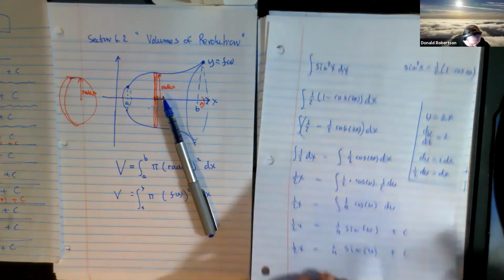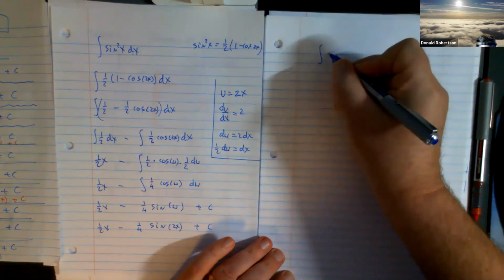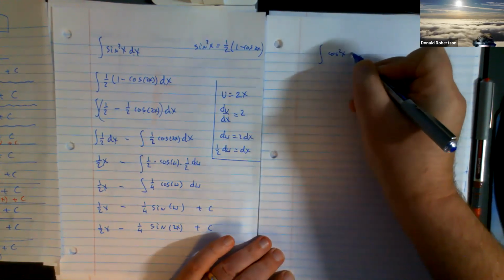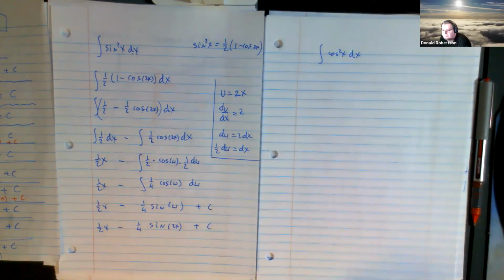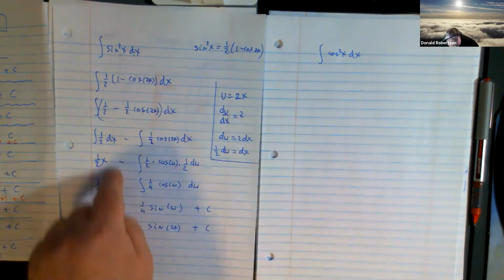So I'm going to give you a puzzle here. If sometimes you're going to find sine squared, couldn't you also sometimes have to find cos squared? Right. And here's the puzzle. You're going to go through a whole process that looks just like this, right?